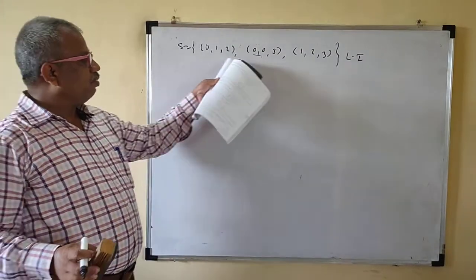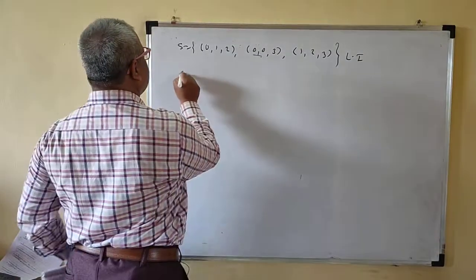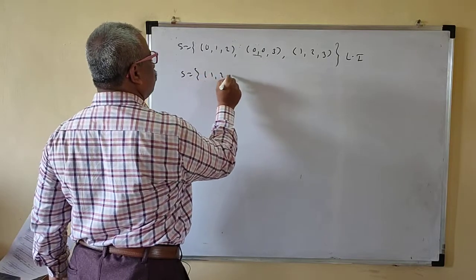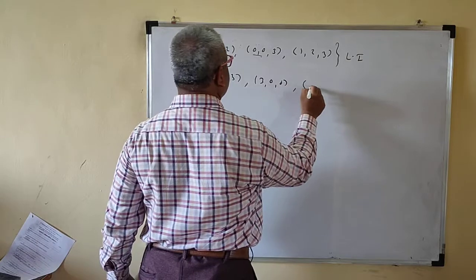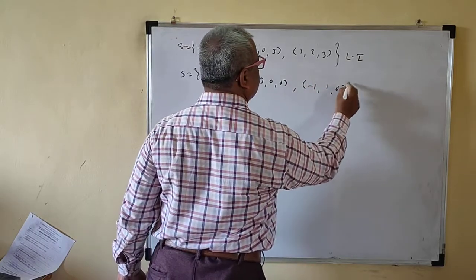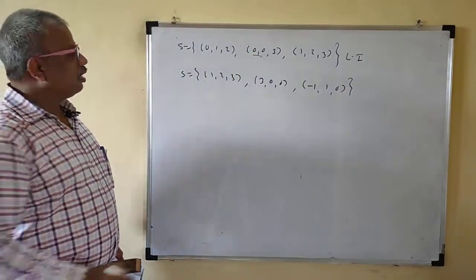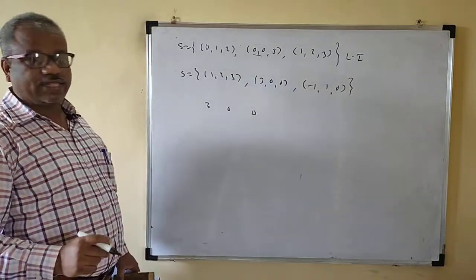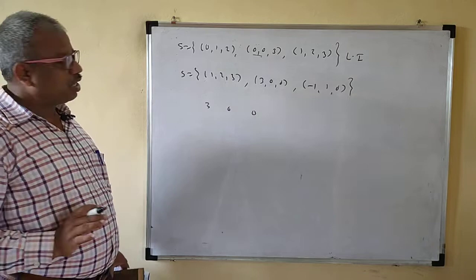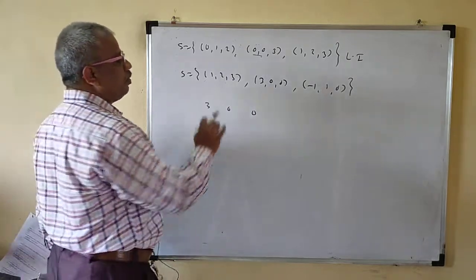Right. So suppose the set is like this: 1, 2, 3, then 3, 0, 0, and minus 1, 1, 0. Write this vector as the first vector, because it contains more zeros. So write that as the first row.